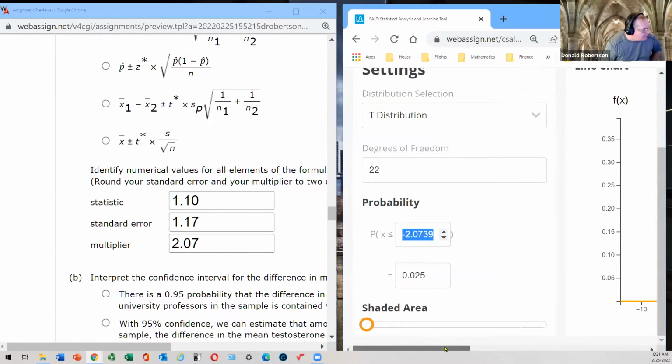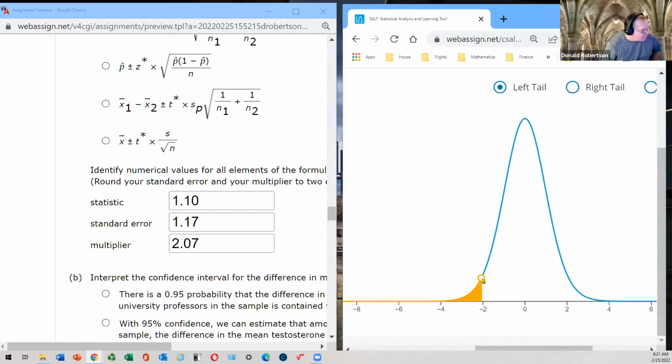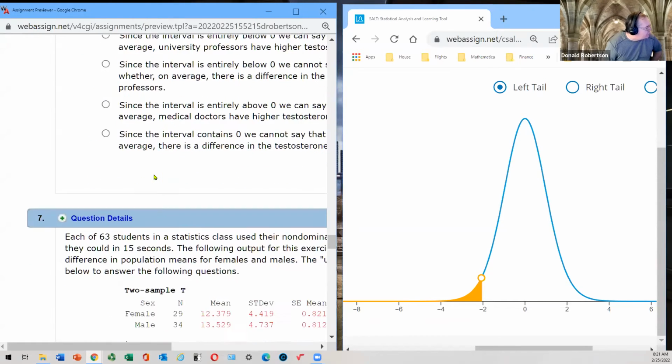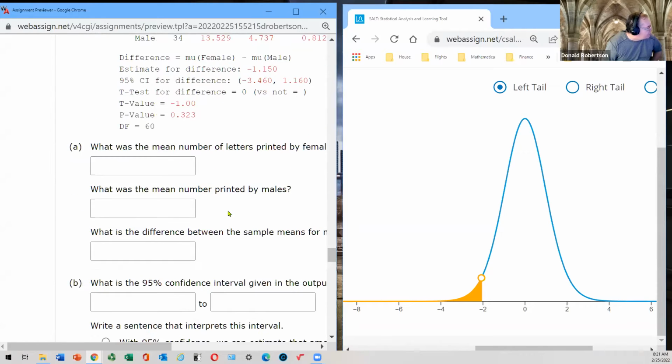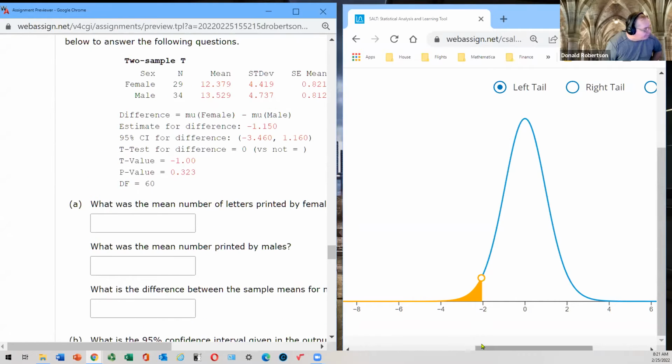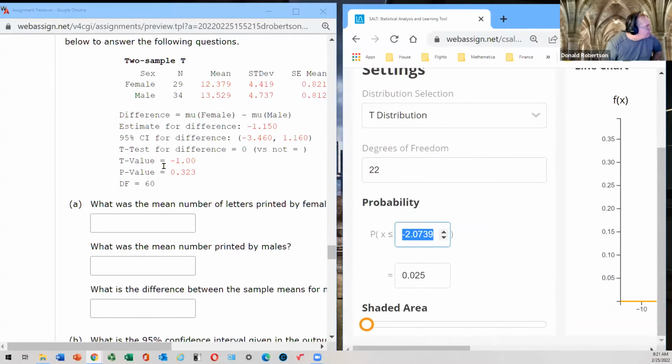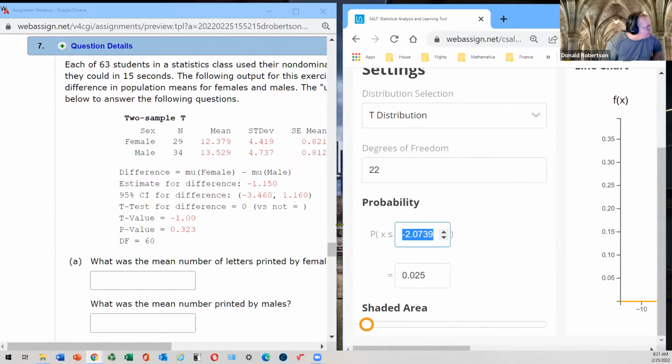So the multiplier is basically that number there. And of course, there'll be one over there that's positive. And both numbers are 2.07. And then the rest is pretty straightforward. Next question.